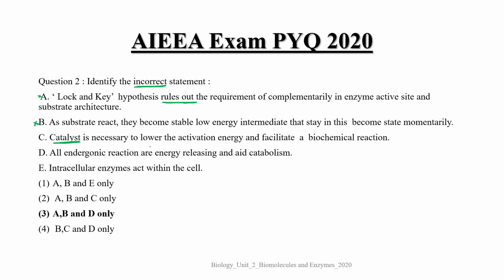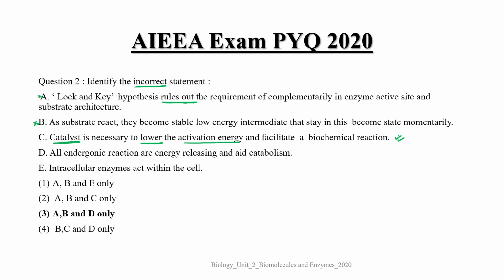A catalyst is necessary for lowering down the activation energy, so reactants quickly react to each other and convert into the final product. After lowering down the activation energy, the reaction proceeds quickly. So this is the correct statement according to me.